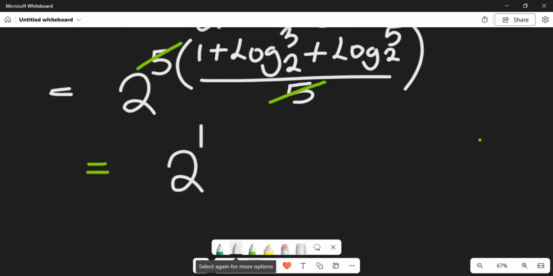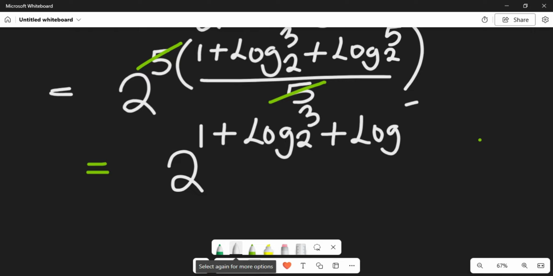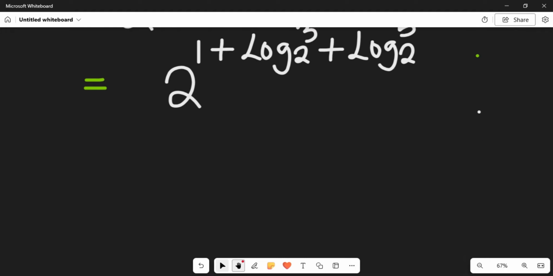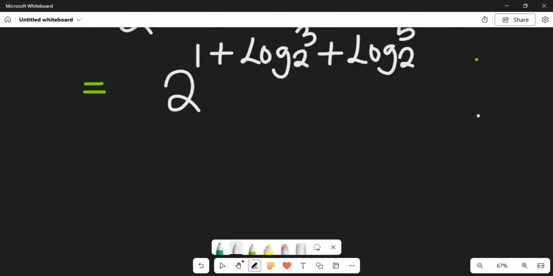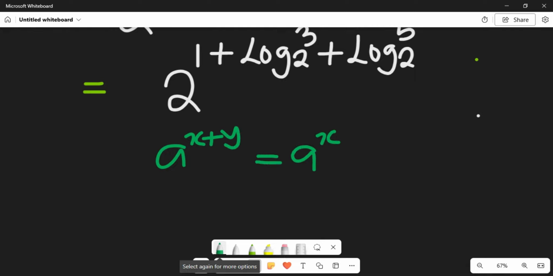2 to the power of 1 plus log of 3 base 2 plus log of 5 base 2. So having that logarithm, we want to look at a simple law of indices. Remember, if you have a to the power of x plus y, this can simply be equal to a to the power of x multiply a to the power of y.